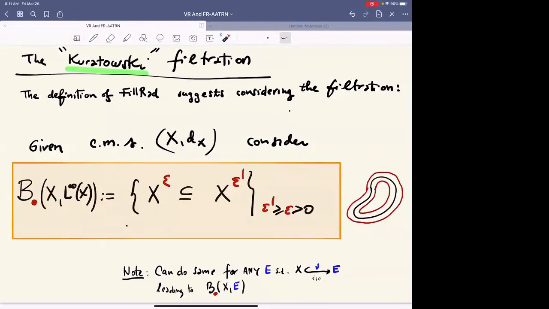Notice that, of course, we could do the same, not just for L infinity of X, but actually for any ambient space E, inside of which you can find an isometric embedding of X. So keep this in mind, please, because it will come up later on. But at any rate, here the Kuratowski filtration refers to this construction when E is L infinity of X.